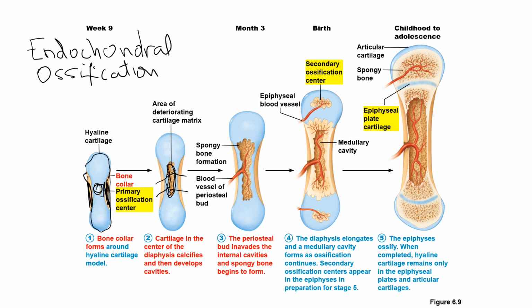At about 3 months of development, blood vessels begin to invade this calcified hyaline cartilage, bringing with them osteoblasts and hematopoietic tissue. Notice that at birth, the diaphysis of the bone has been ossified.